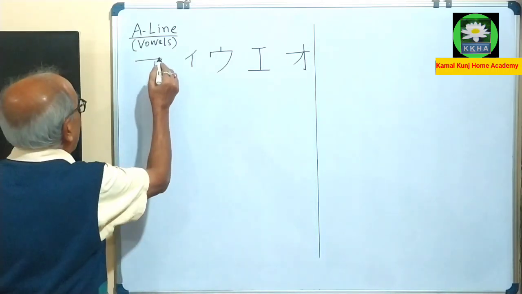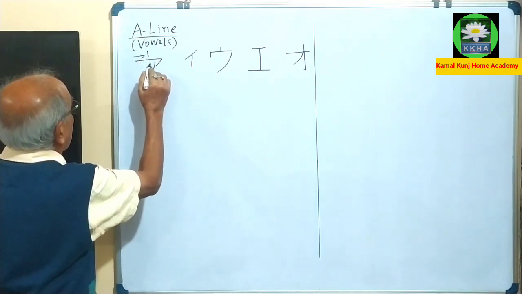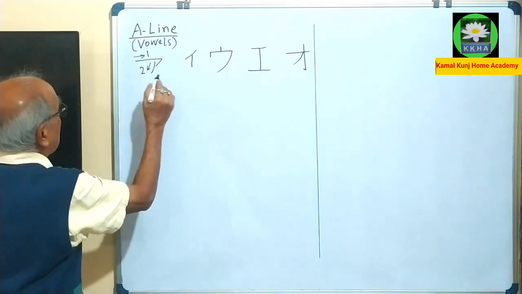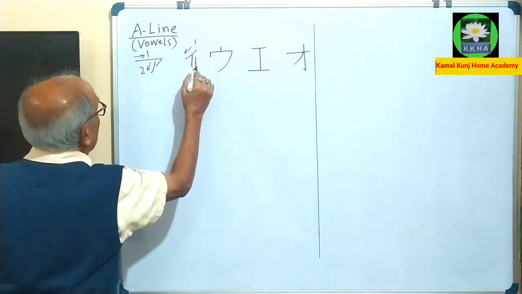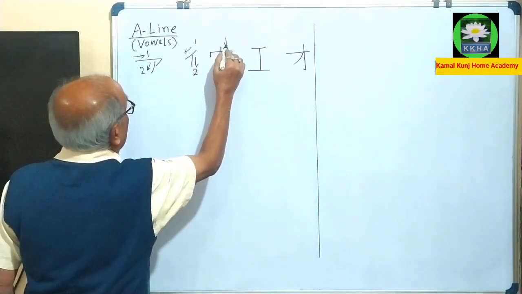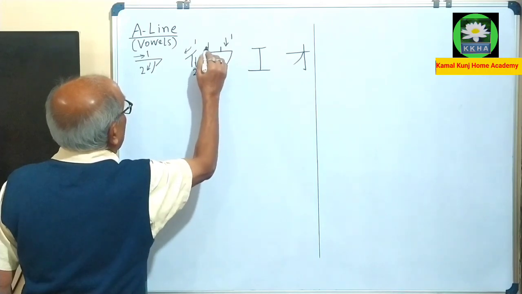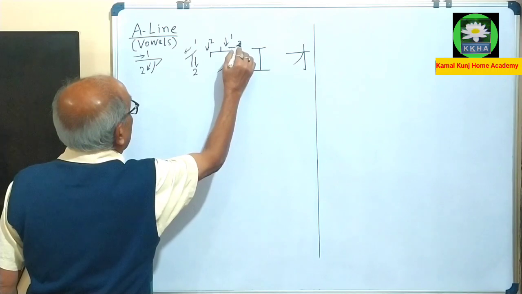Stroke order are: stroke number 1, stroke number 2; stroke number 1, stroke number 2; stroke number 1, stroke number 2, and stroke number 3.